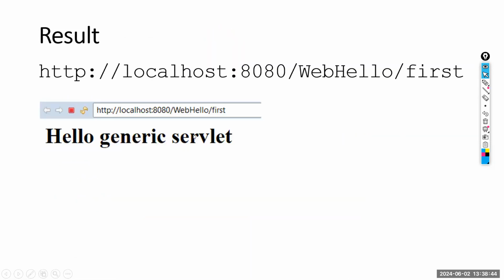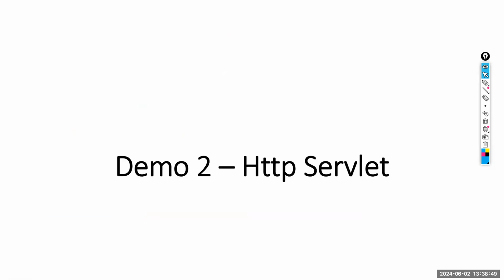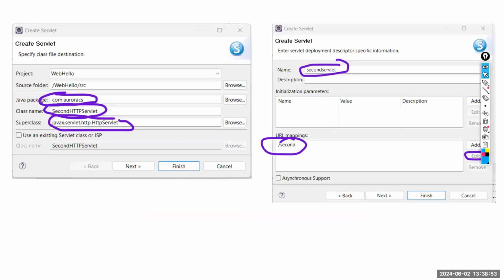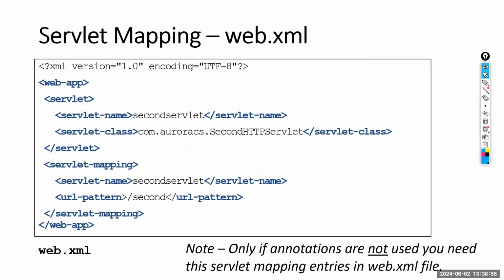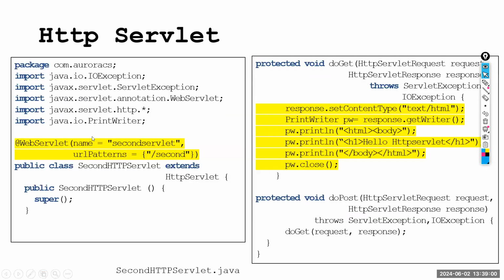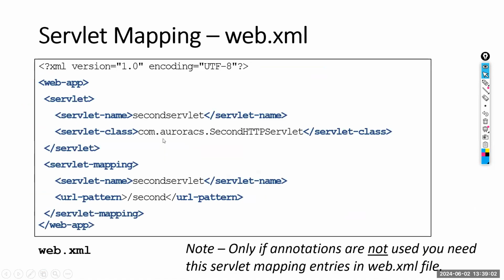Then we accessed it. Right? So we did only simple things. And then we created another servlet by extending the HttpServlet class and overriding doGet or doPost or both. Okay, so then either you can do the mapping using annotation or web.xml.